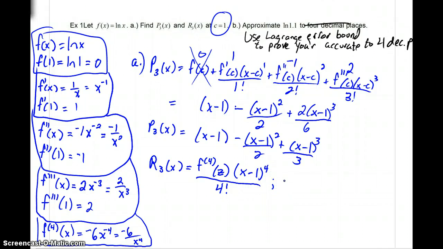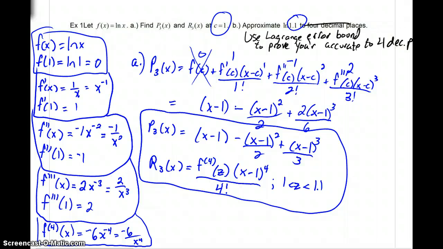And this is for z between where we are evaluating. We're going to evaluate at 1.1. So z is going to be bigger than 1 but less than 1.1. So this is part A.